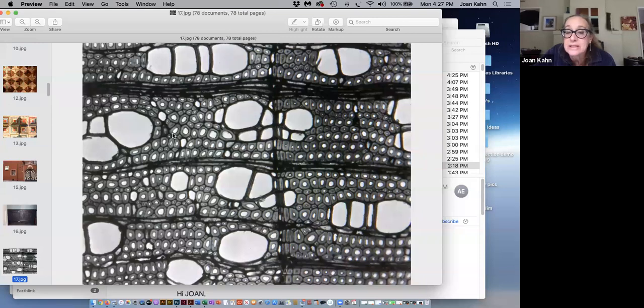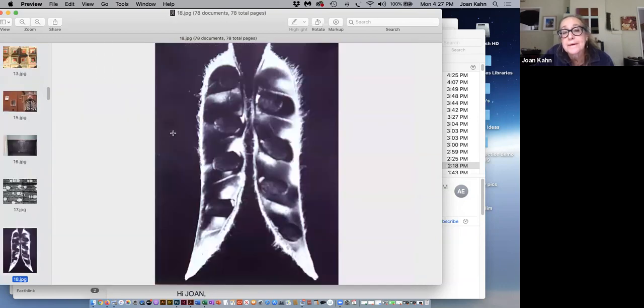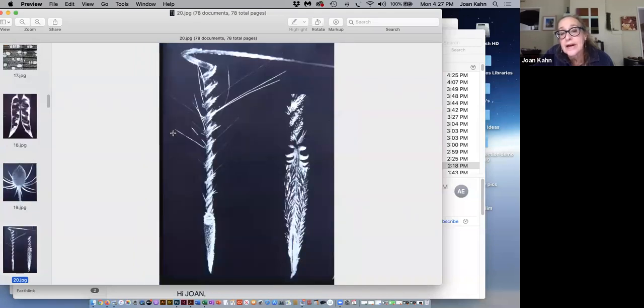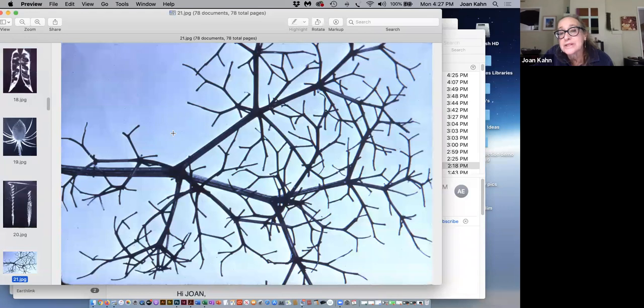So motif can be used as informational. This is a photograph of a cell structure, a pod, some other kind of pod or flower, grasses, branches against the sky. Every tree has a branch structure that is particular to that species.